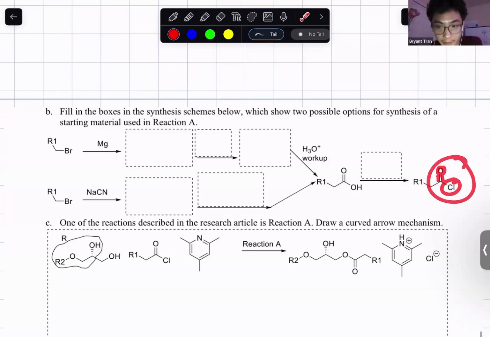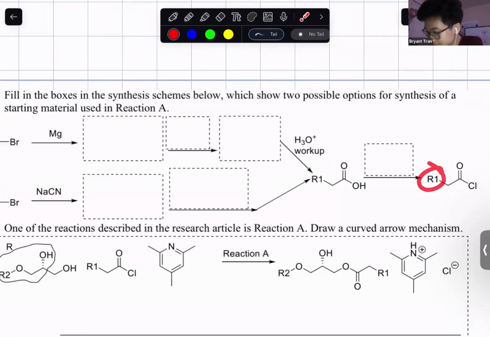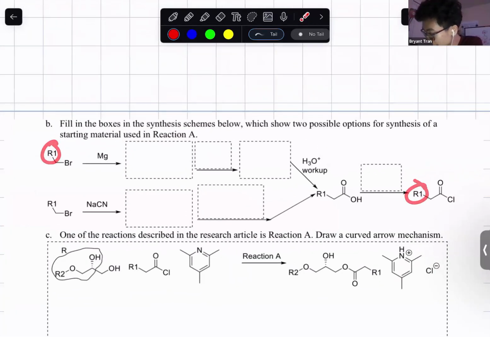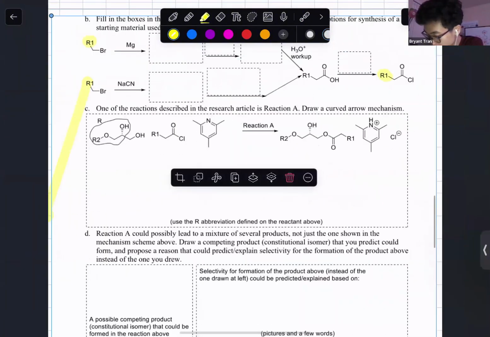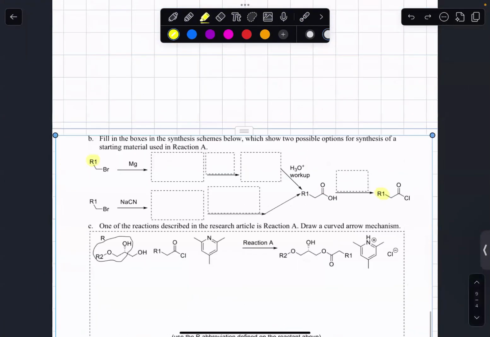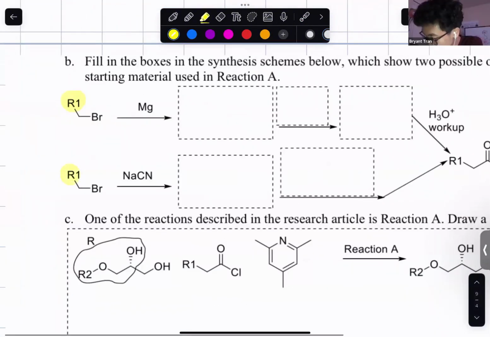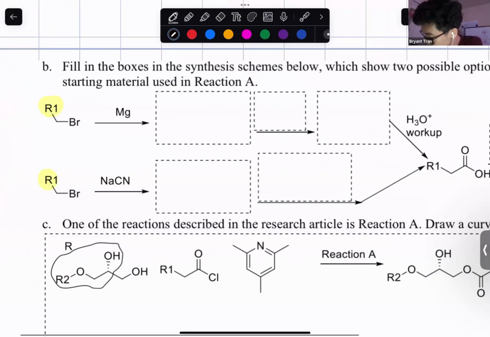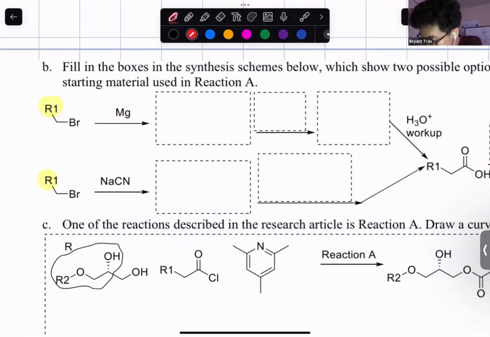R1 is present in both the end molecule and the starting material, so I'm highlighting that in yellow. This starred carbon will also be there throughout the synthesis.